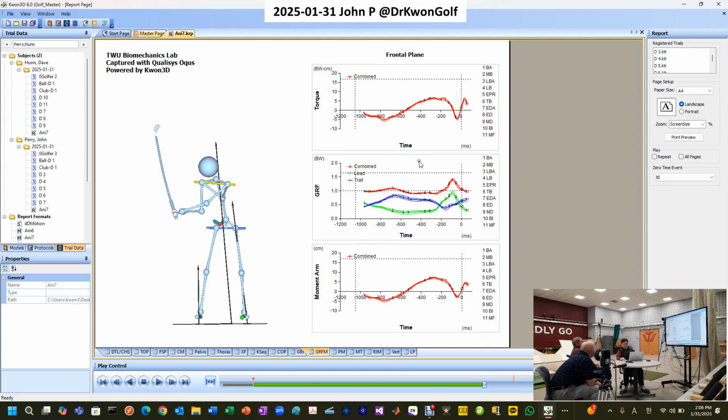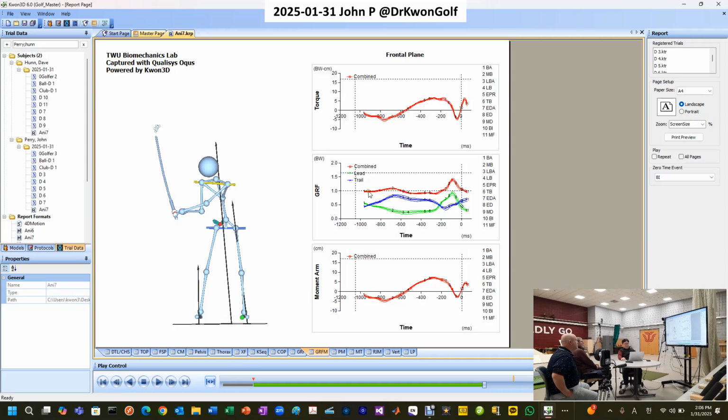The middle one is the ground reaction force, the force you're getting from the ground. The red line is the total force, the middle arrow here. Blue is the force acting on the trail side. Green is the force acting on the lead side. It starts from one body weight. When you are just standing on the ground, the ground reaction force and your body weight are equal to each other.